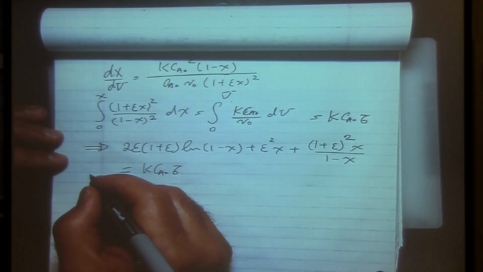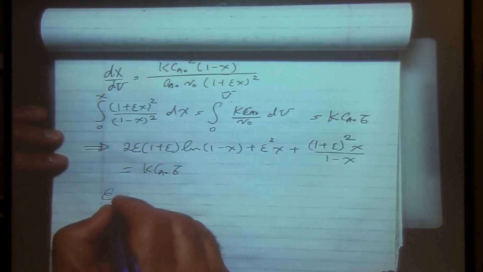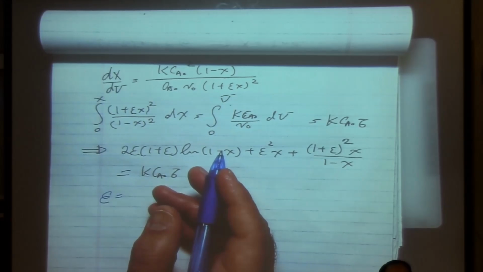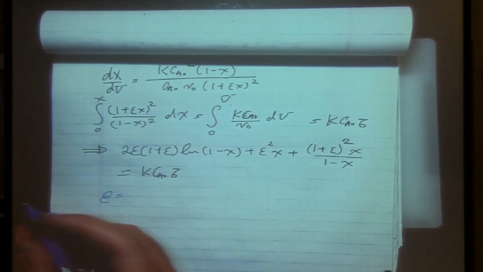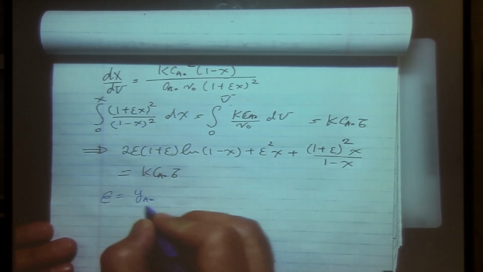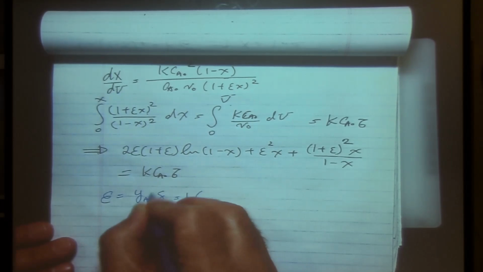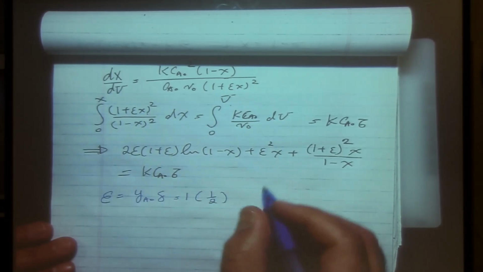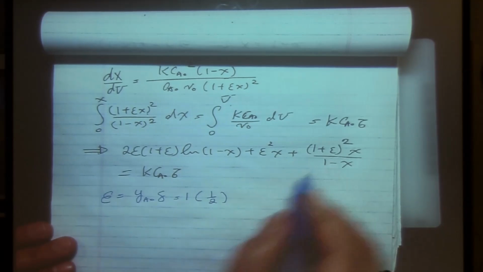So what you need to do now is calculate the epsilon. Epsilon is the moles of products minus the moles of reactants divided by the number of moles, multiplied by the mole fraction. So the mole fraction of A naught times delta, and that would be 1. If you calculate delta, you see that it's going to be 1/2.